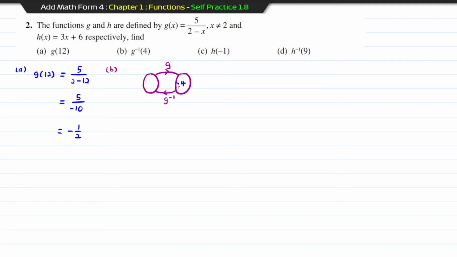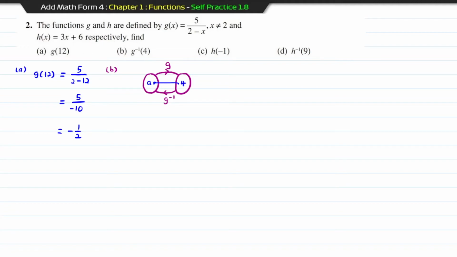So we want to know, if we input number 4 into the inverse function, what is the number that we're going to get here? As we don't know, we can replace it using a variable, for example, a. This a is the image of the inverse of g, but it's also the object for g. So if you input a into g, you will get number 4.